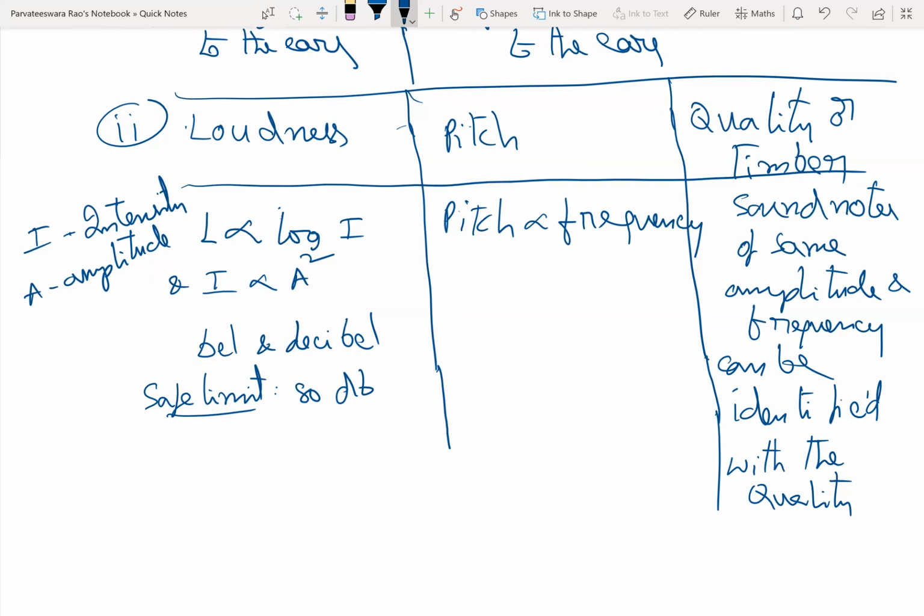So you are able to identify the sources with the help of this third characteristic of sound called quality or timbre. So these are the characteristics of a musical note.